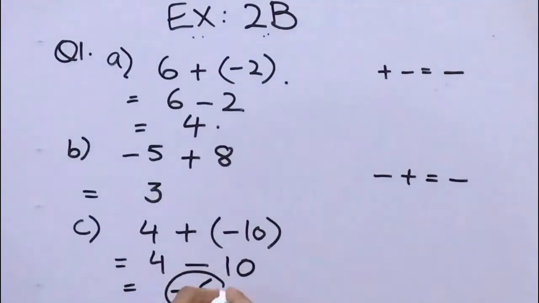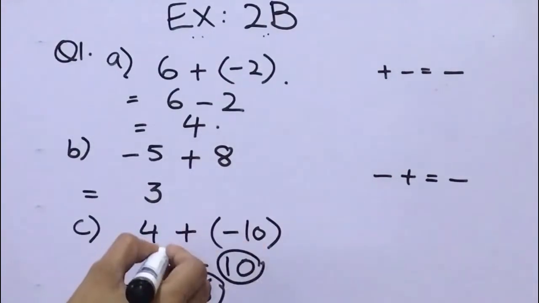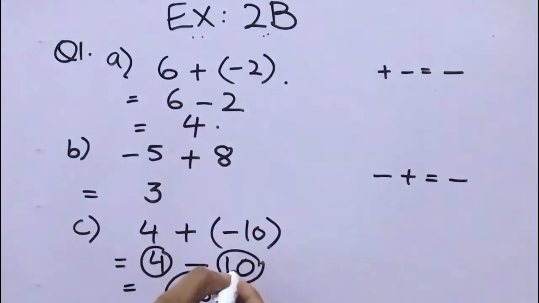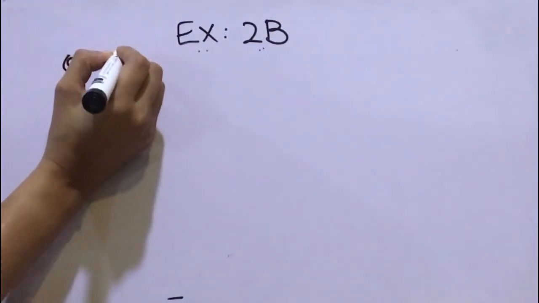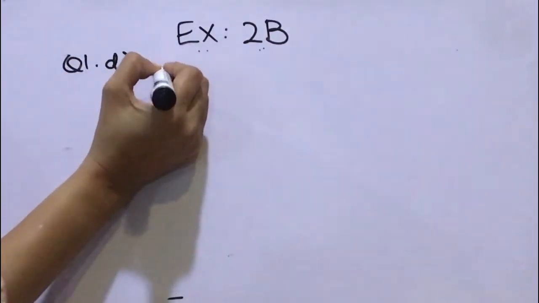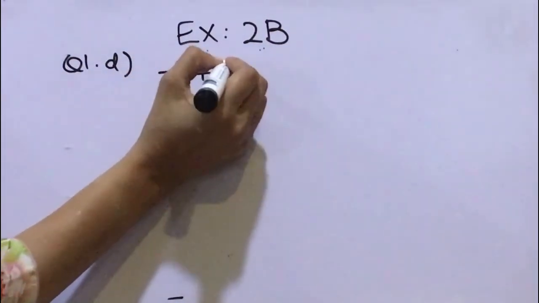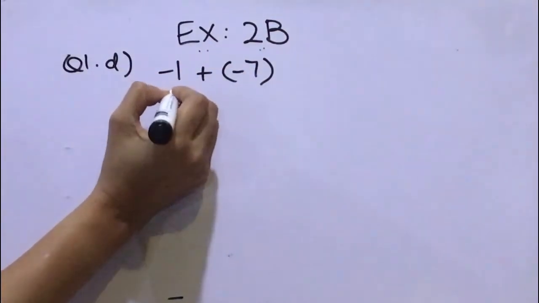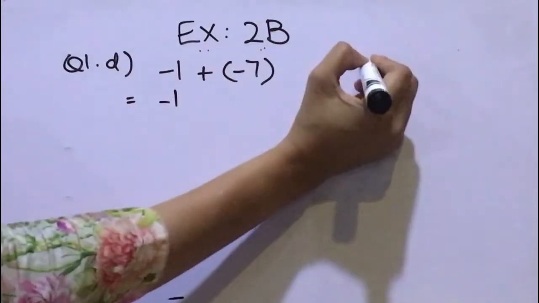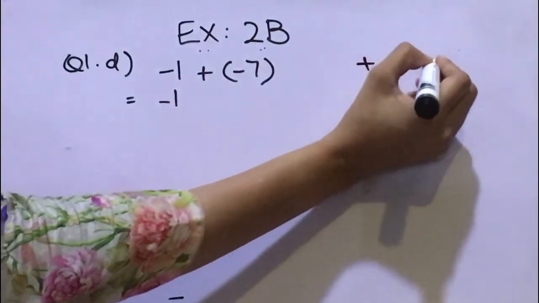Why is it minus 6? Because 10 is the greater number as compared to 4, and the sign with 10 is minus, so we will use minus. Question number 1, part D. Minus 1 plus minus 7. Minus 1, now plus minus, when they collide, it will become minus.